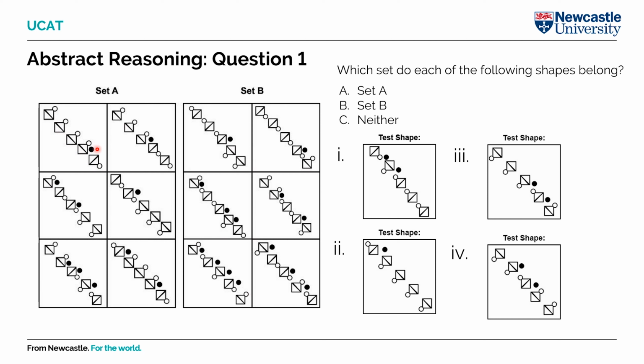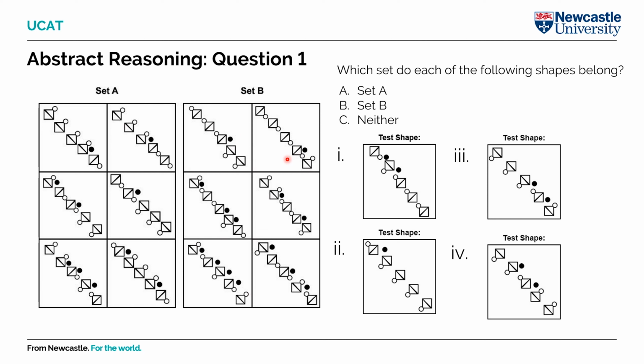And when we see a black dot here, this shape then rotates 90 degrees clockwise. It rotates 90 degrees clockwise in set A, and that's the same for all of them, as you can see. So wherever there's a black dot, the shape rotates 90 degrees. In set B, we've got the same black dot, but the shape rotates 90 degrees anti-clockwise, and that's the same throughout.